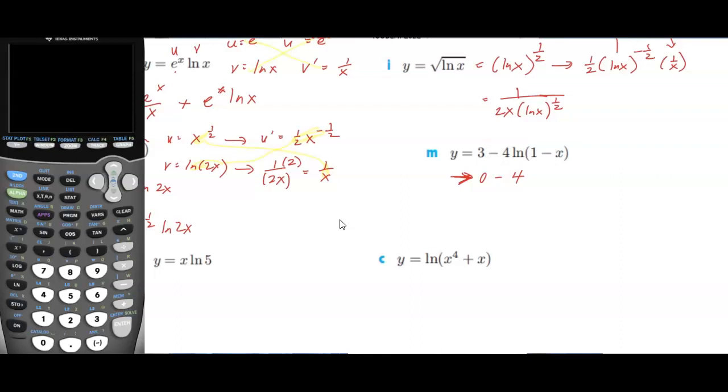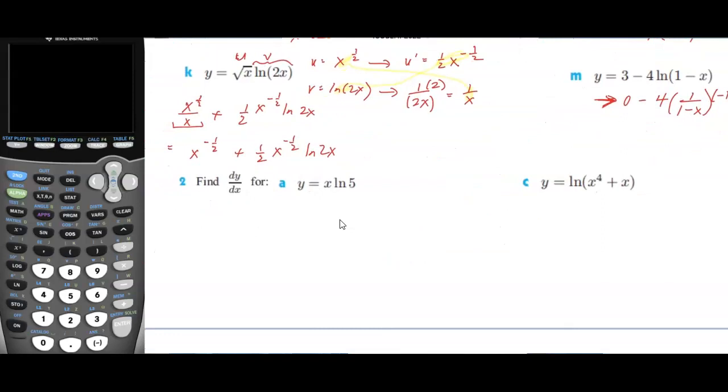Derivative of natural log of 1 minus x is 1 over the inside function. Derivative of the inside function, 1 minus x, is negative 1, because the derivative of negative x is negative 1. Derivative of 1 is 0. Right? So 0 minus negative 4 times negative 1, positive 4, over 1 minus x. Done.